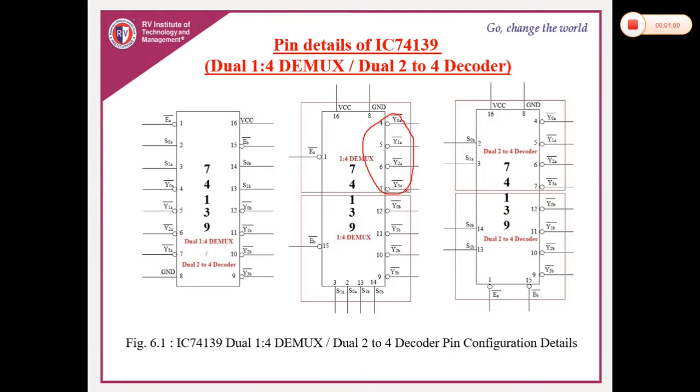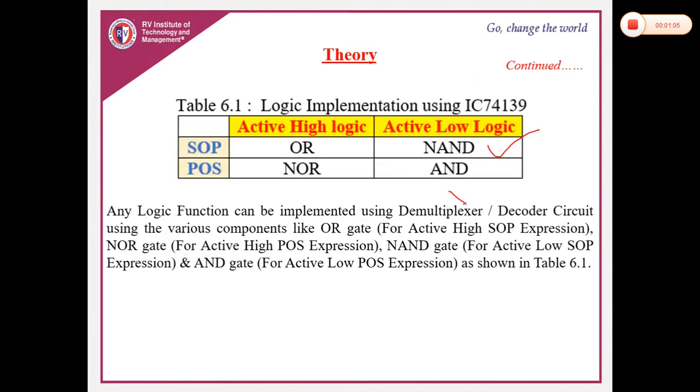And we are getting the expression for this active low logic, and this needs to be implemented, and the expression is something like xy plus yz plus zx. So this is SOP expression. For implementing such expressions we require NAND gate with active low logic.